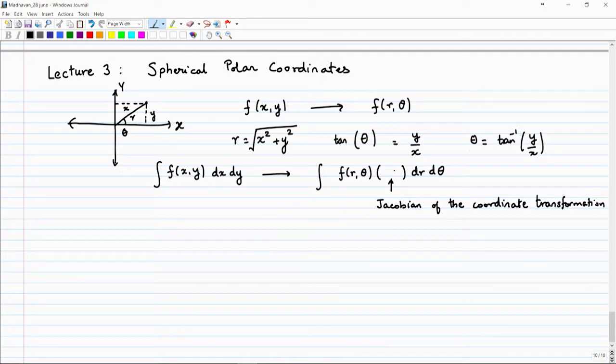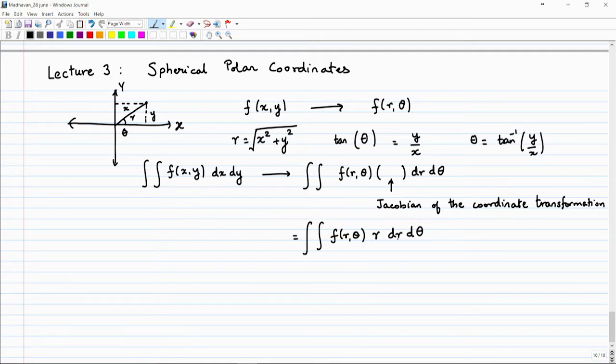Now I won't work out the details, but basically this is just r dr d theta.